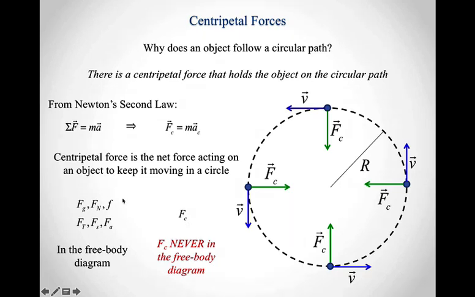Whichever of these forces are acting on your object as it moves in a circle at a constant speed, it's the vector sum of them that is equal to the centripetal force. So we're not going to draw the centripetal force in our free body diagram because, again, it's not a new one. It's simply a name that we give to the net force when an object undergoes uniform circular motion.